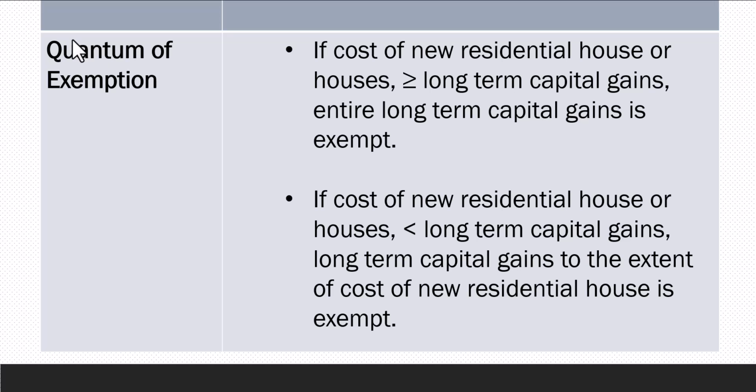If cost of new residential house or houses is less than long-term capital gains, to the extent of cost of new residential house it is exempt. So suppose your gain was 2 crore and you invested only 1.5 crores, which means on the 50 lakhs you have to pay the tax. Is that okay?